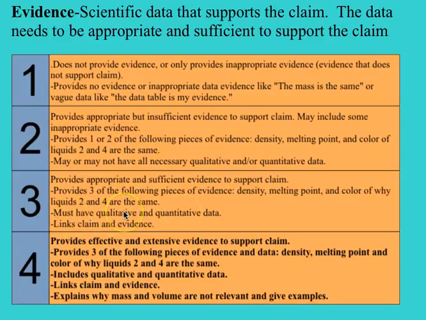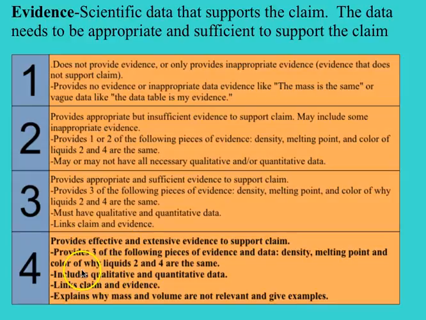Some of you simply said, oh, liquids 2 and 4 must be the same because they have the same density, color, and melting point. But you never mentioned what those were, that the color was red, and what the melting point was, and what the density was. There again, you automatically drop down to a 2 because you didn't mention those things. And you have to link the claim and evidence. And I'll show you how you can do that very simply in the example I have for you.